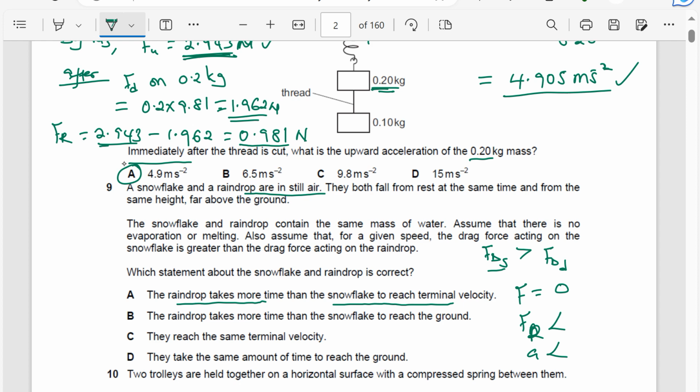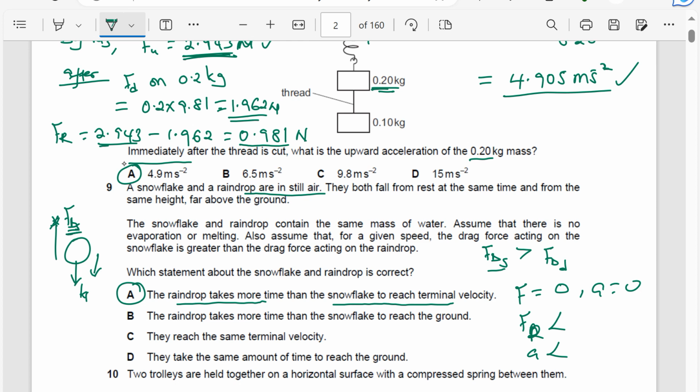So that means the answer is going to be A. When the resultant force gets to 0, we have reached terminal velocity because the acceleration is 0. I am saying the one which has a higher drag force, because drag force opposes the motion. If the object is moving downwards, its weight is downwards, then the drag force is upwards. So the drag force on the snowflake is upwards.